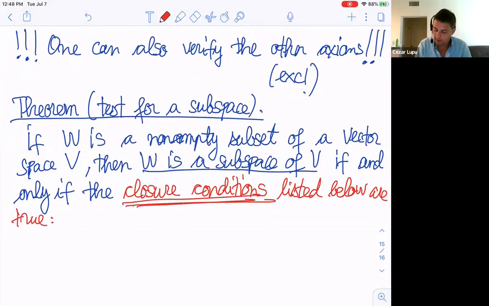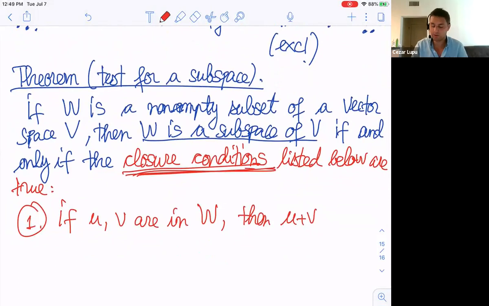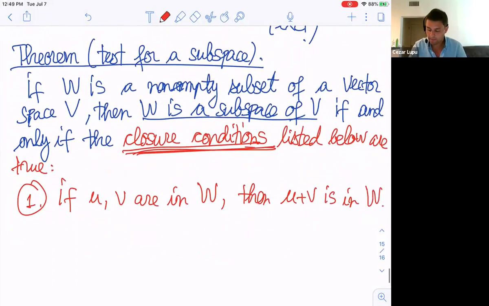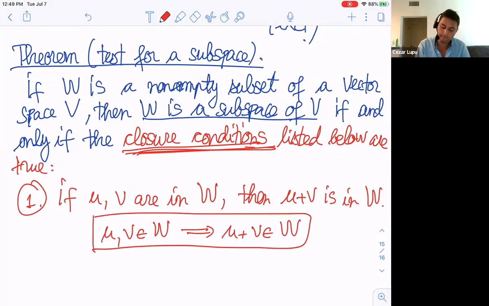This is very important, the closure conditions. The first one: if u and v are in W, then u plus v is in W. So in other words, u, v belong to W implies that u plus v is in W. That's the first condition.